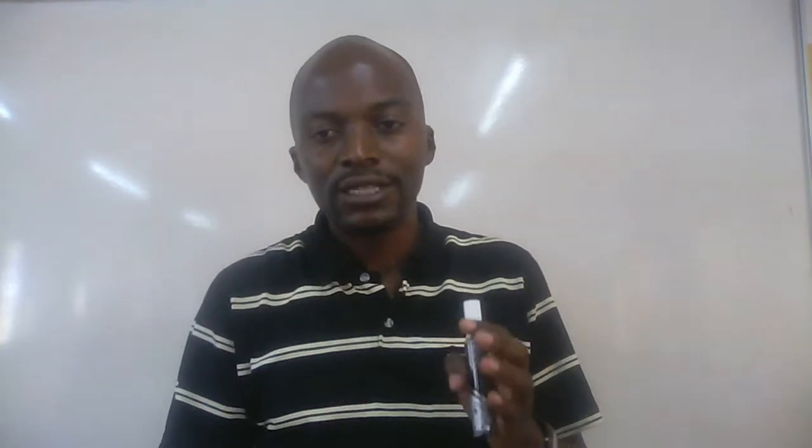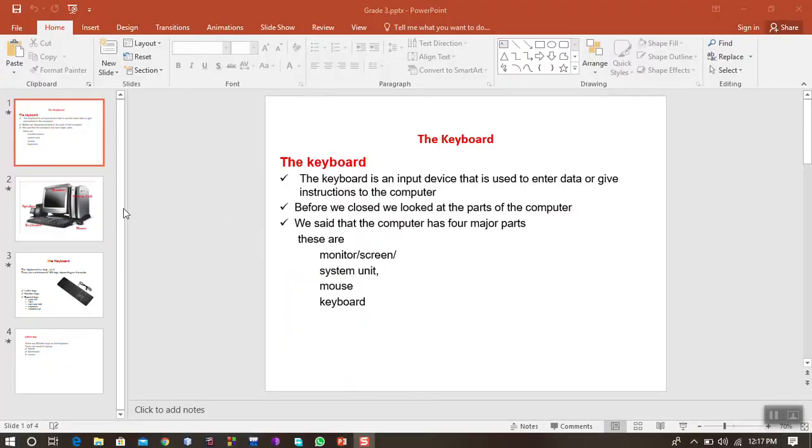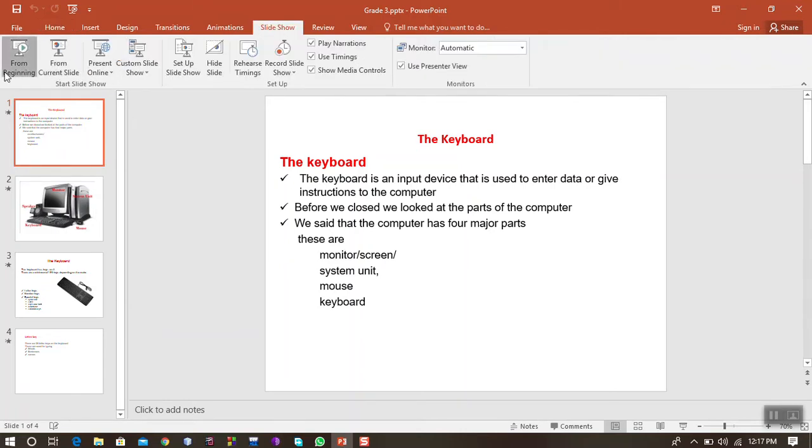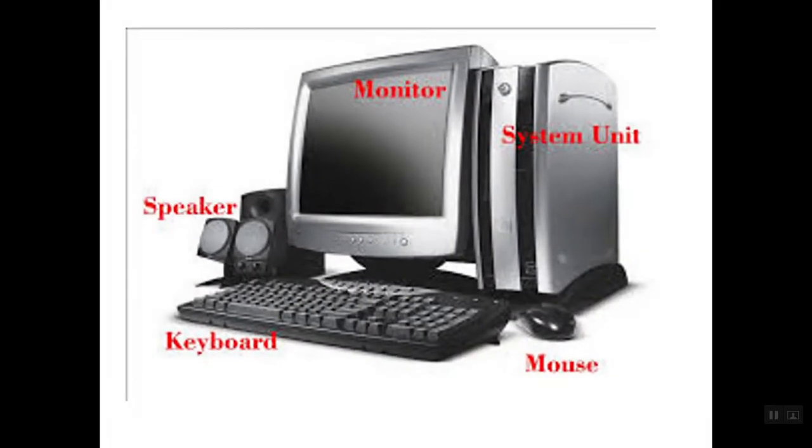You have parts of the computer. So the 4 parts of the computer that we looked at are as follows. These are the 4 parts of the computer that we looked at.